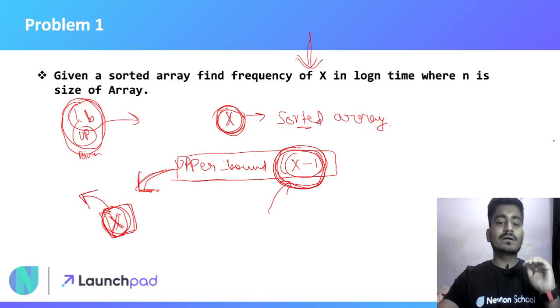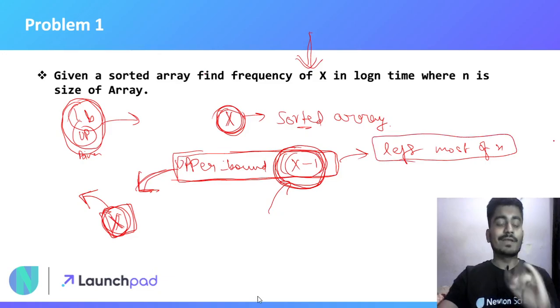Hence we can say that upper bound of x minus 1 will be our leftmost index of x. Now we have found our leftmost index of x. Now we have to find our rightmost index of x.